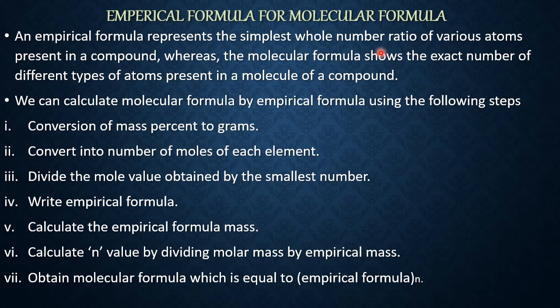Therefore, empirical formula for glucose is CH2O, whereas molecular formula for glucose is C6H12O6. That means I think I have made it clear with these examples what is empirical formula and what is molecular formula. How to calculate?